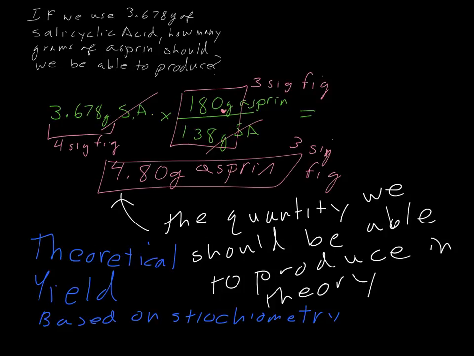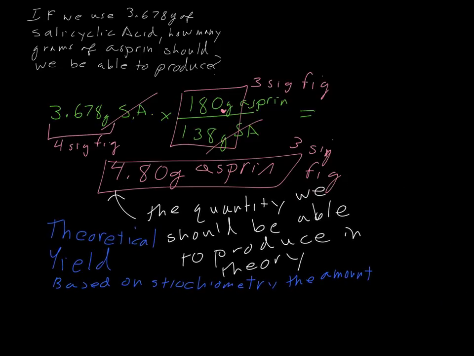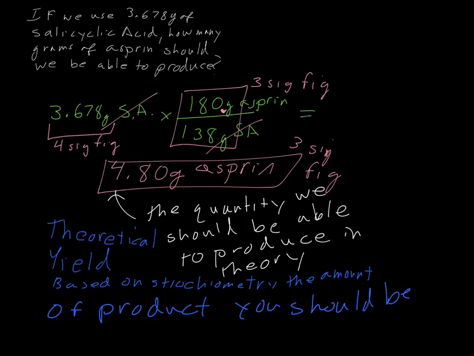Based on stoichiometry, the amount of product you should be able to make is known as your theoretical yield.